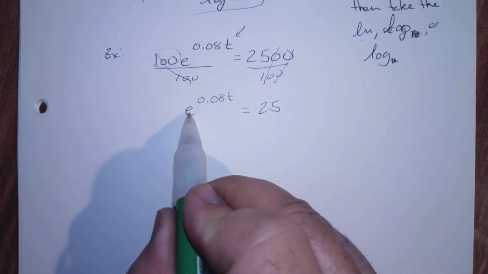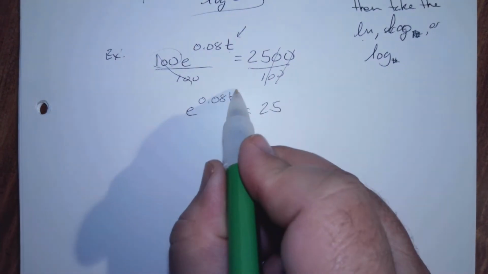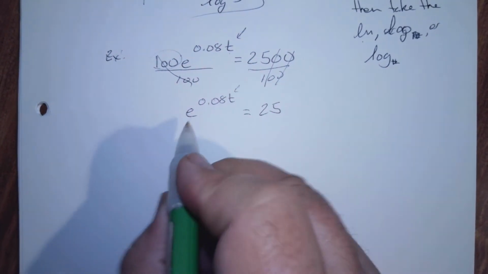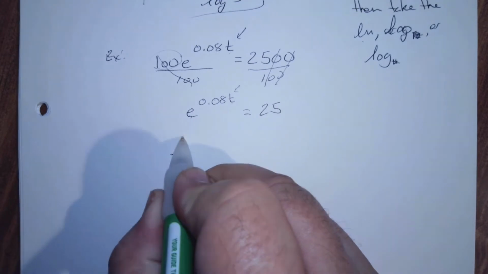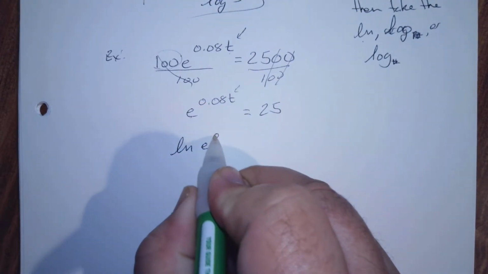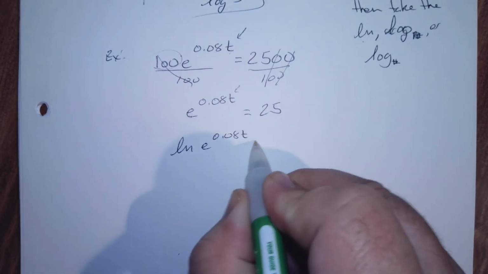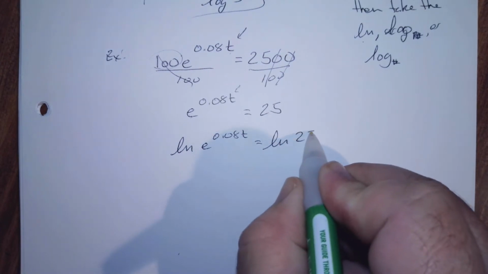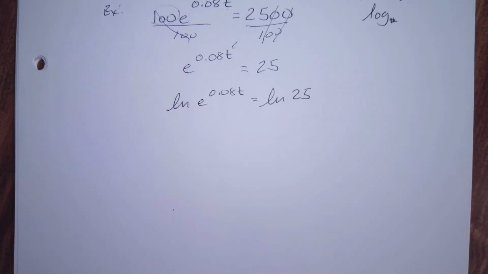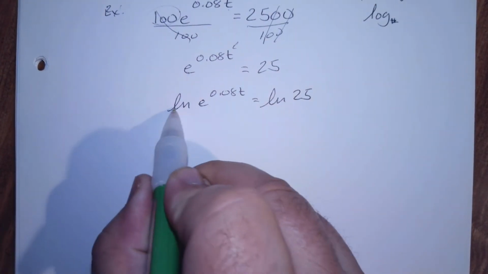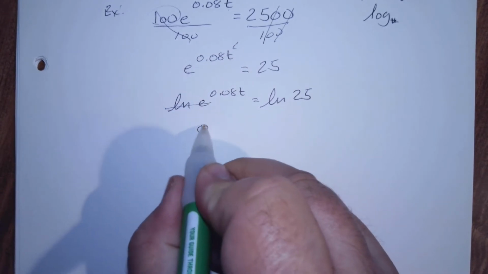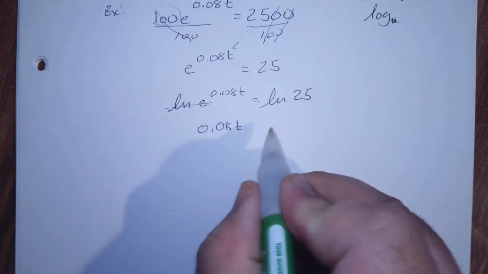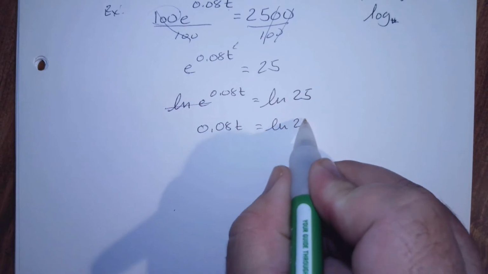Now we have to get rid of the base, because we're looking for this variable. Since that's base e, we take ln of both sides. You know what that's going to do. On this side, ln and e cancel, so we have 0.08t equals ln 25.